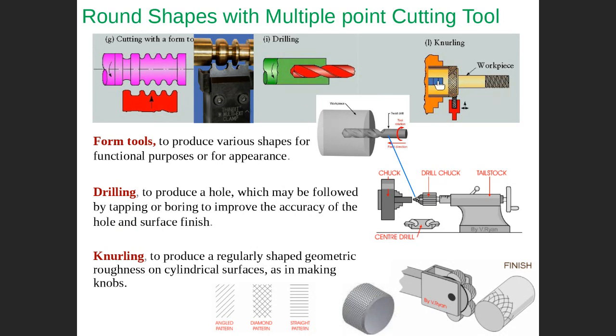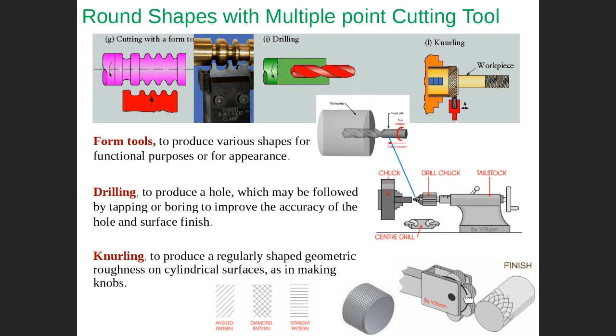This is knurling. Knurling is roughing the surface. Actually, in a knurling operation, there is no cutting. It's a forming operation actually, but done in a lathe machine. We will not do cutting.